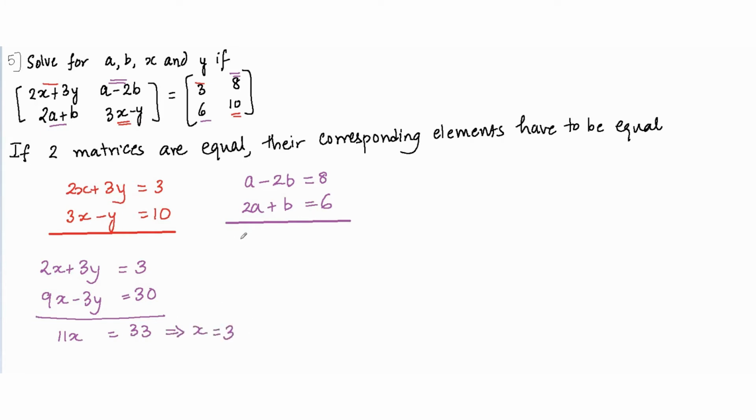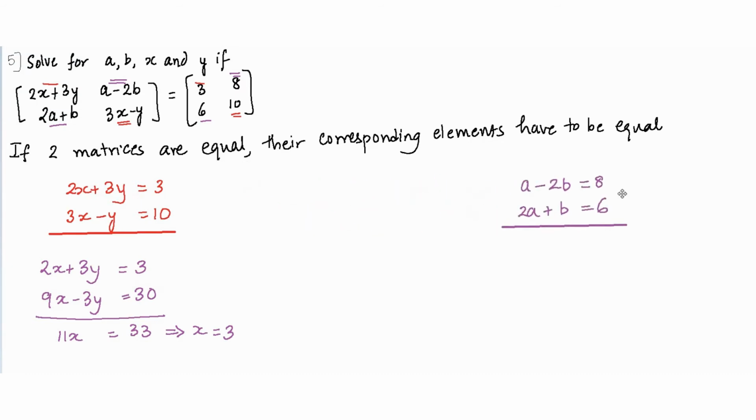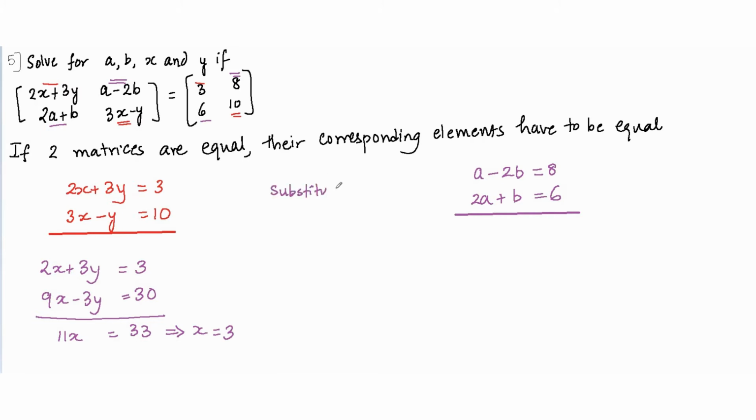Now I can substitute x as 3. Okay, so let's move this set of equations to the right side so that we get some space for solving the question. So now I will substitute x as 3 in any of the equations, say in the first equation. So let me label these two equations.